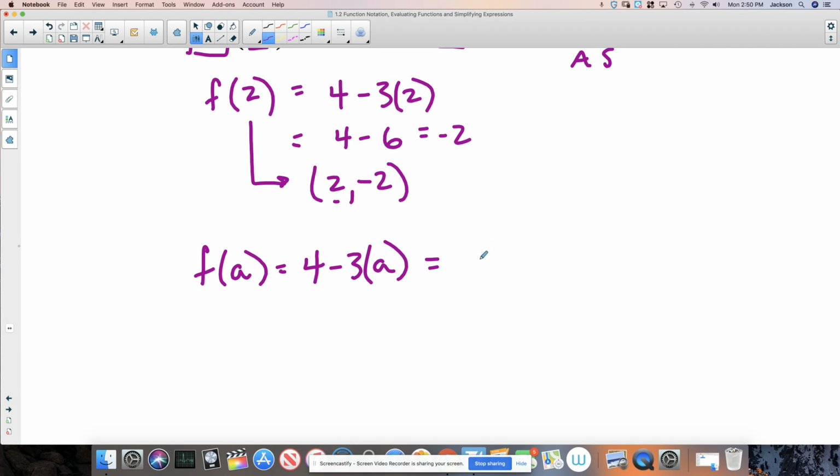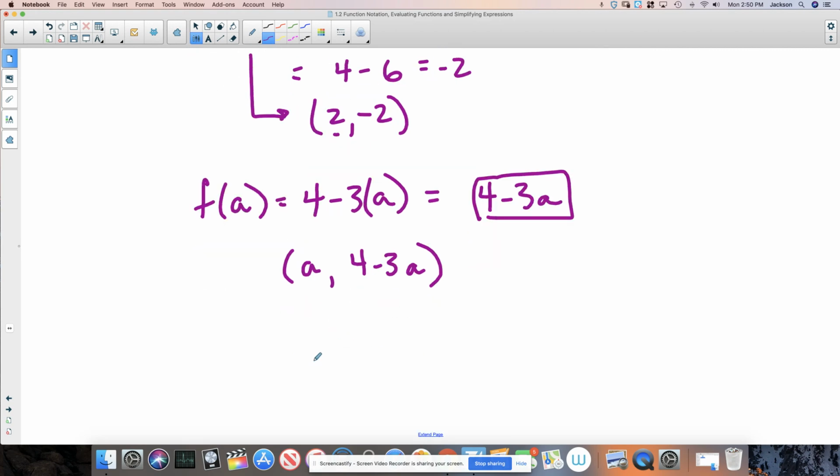So this becomes, when I multiply, 3 times a is just 3a, so we get 4 minus 3a. So if I wanted to, I could express this as the input of a and the output of 4 minus 3a. This is what came out when I plugged that in. It looks really weird to write it like this. I couldn't necessarily graph it like this, but this is how we would express that.